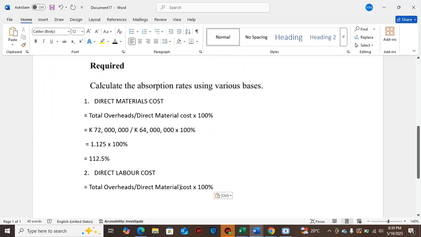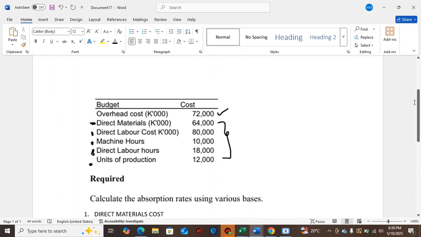Okay, so now we get our absorption rate with the direct labor cost. Total overhead 72 million divided by the direct labor cost 80 million.